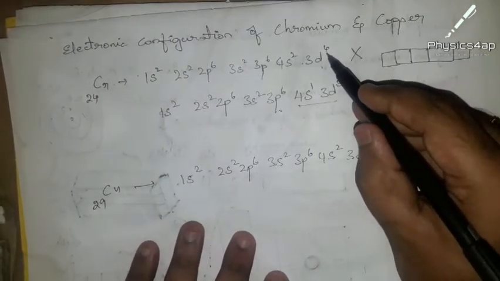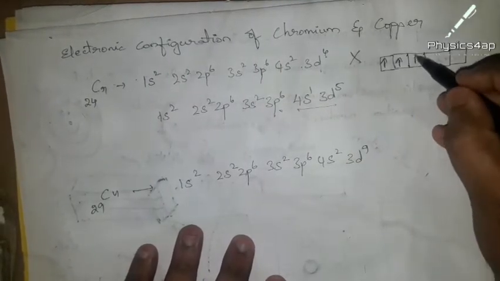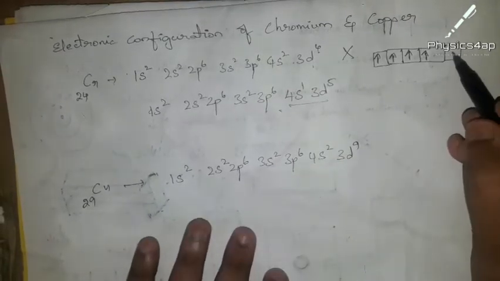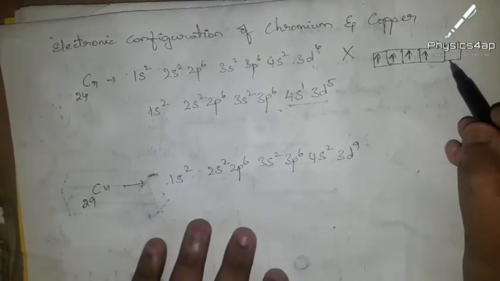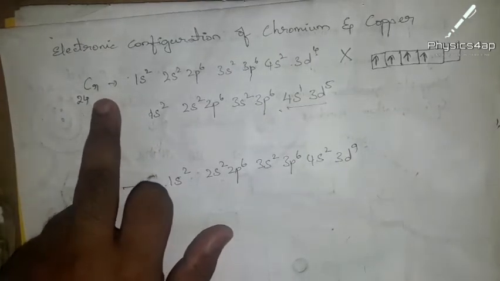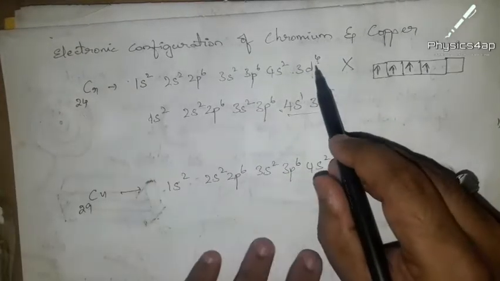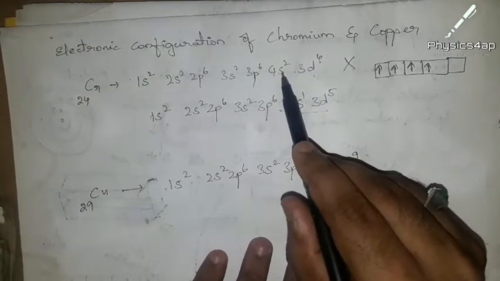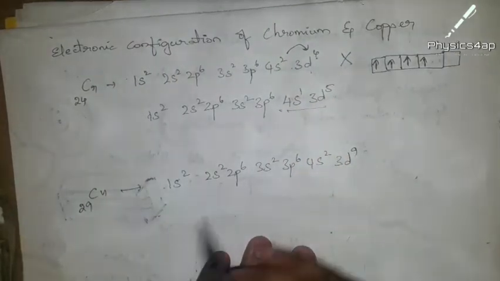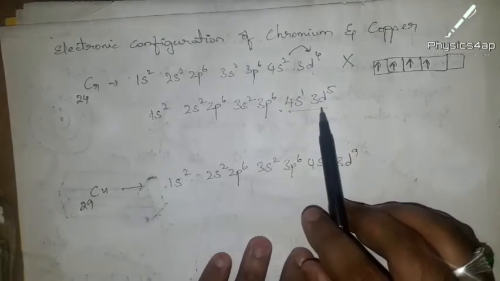We have 4 electrons here, 1, 2, 3 and 4, and to be half filled, 1 is less. Now for the stability of chromium, as it is a metal and a solid, it takes 1 electron from the 4s energy level to the 3d energy level. So 1 electron will be less in 4s and 1 will be added, so we get 3d5.